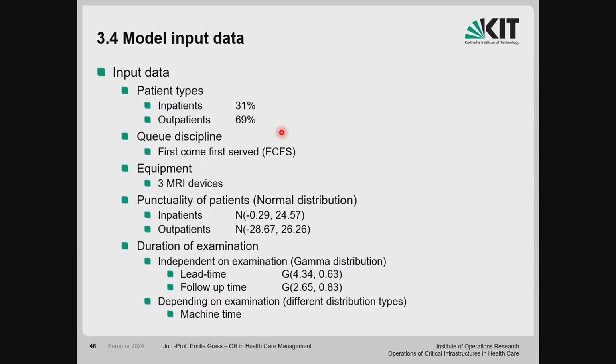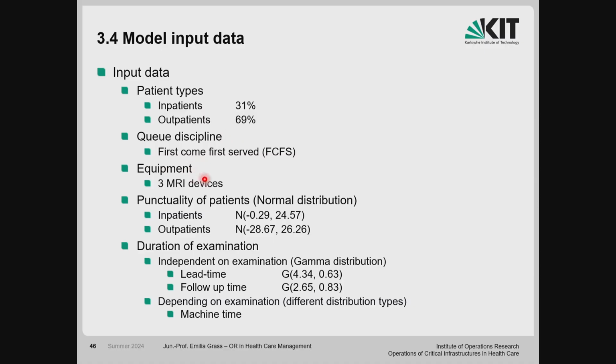Okay, so what kind of input data did we have? We know that one third of all the patients were inpatients coming from some kind of building within the clinic, and two thirds of our patients are outpatients coming from home and just coming for this MRI scan. We are looking at the queue as first come, first served. This is pretty common to use.